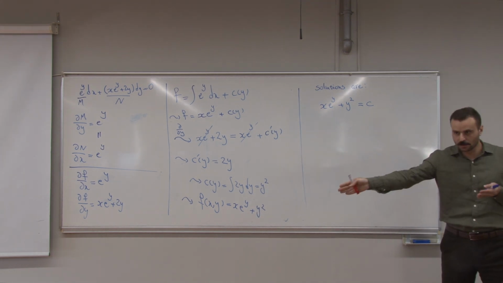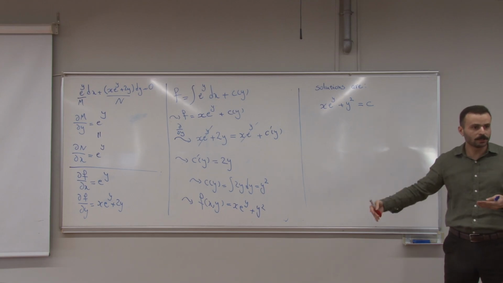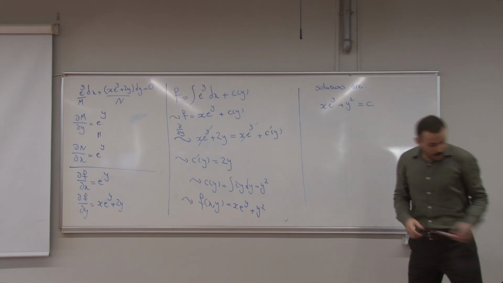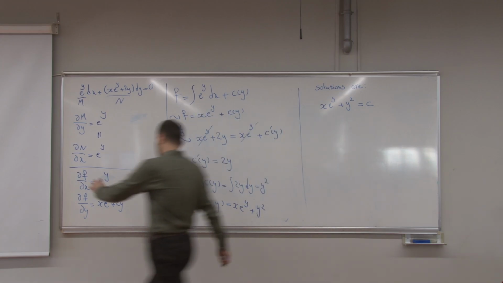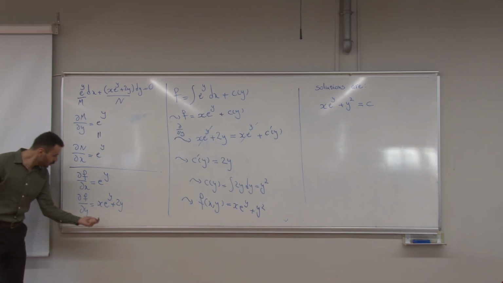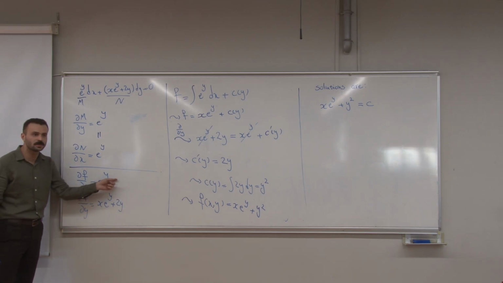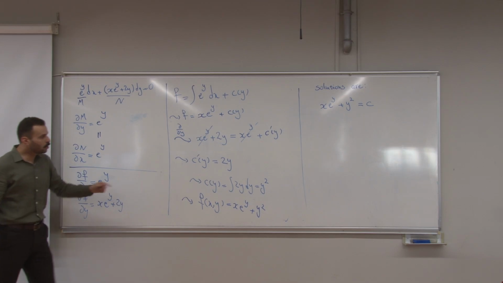Okay? This was the first way. We also have another second way to approach this problem, right? What can we do? Instead of starting from this equation and then using this, we can use this one. We can start with this one and then use this one. Let's go over it.